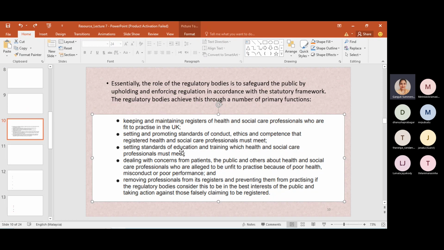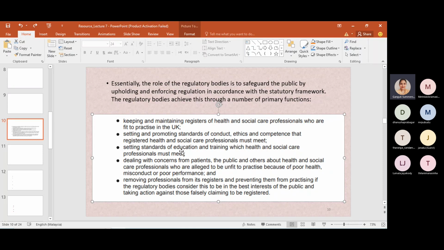So this is also something like that. The regulatory bodies maintain registers of health and social care professionals who are suitable and fit to practice in the UK, who are qualified to practice in the UK. These regulatory bodies also set and promote standards of conduct, ethics, and competence.